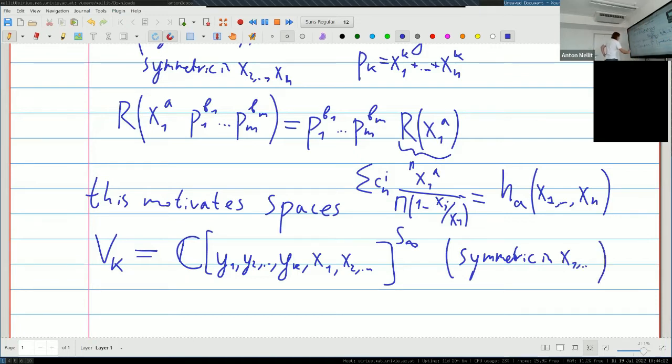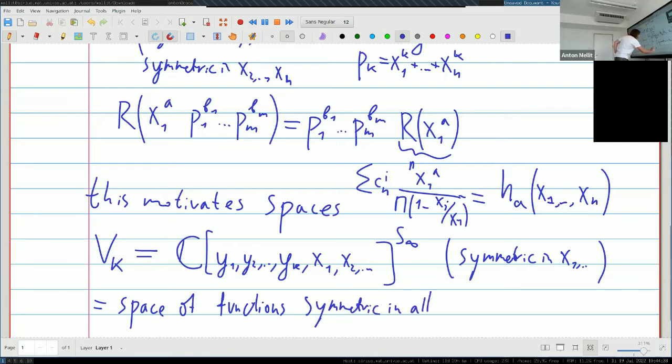So, in other words, this is a space of functions which are symmetric in all but k variables. Indeed, in the previous construction, we wanted to work with functions which are symmetric in all but one variable.